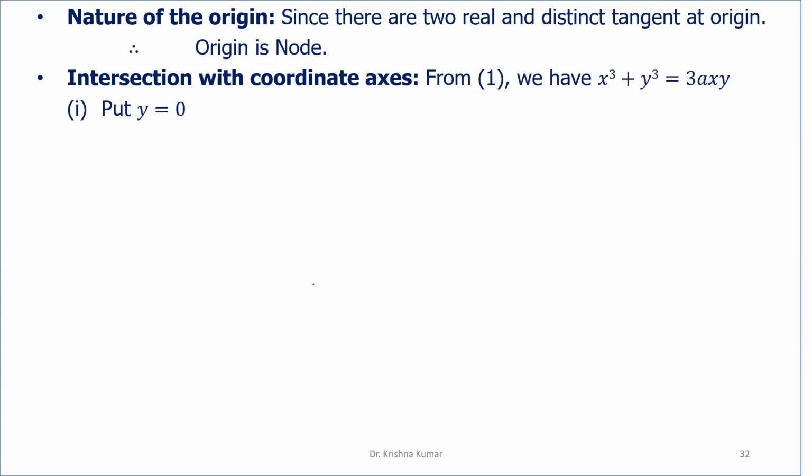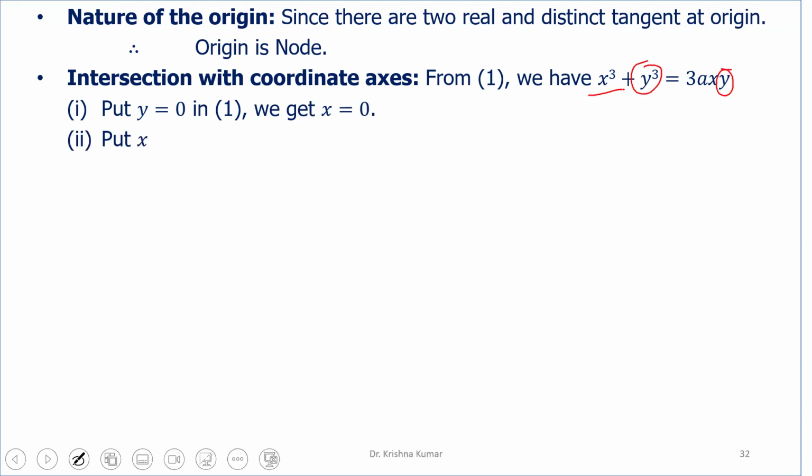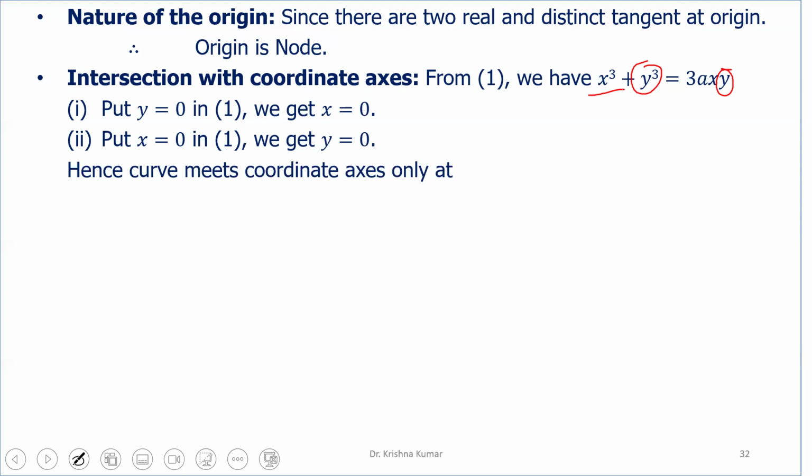If we put y equal to 0, we get the intersection with the x-axis, and we get x equal to 0. Similarly, if we put x equal to 0 in 1, we will get y equal to 0. So the curve meets the coordinate axes only at the origin, (0, 0).